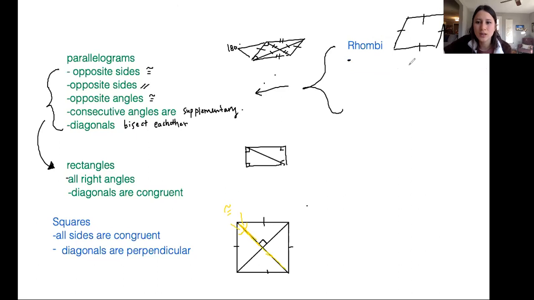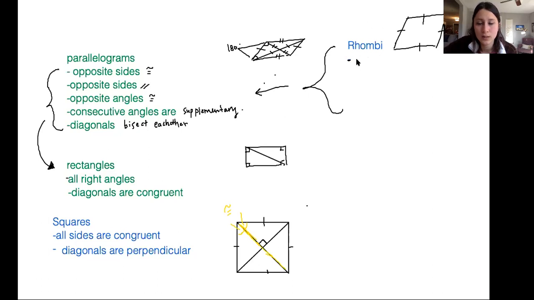The two things that are different from a parallelogram is that its diagonals also form 90 degrees. So the diagonals are perpendicular. And it has 4 congruent sides.